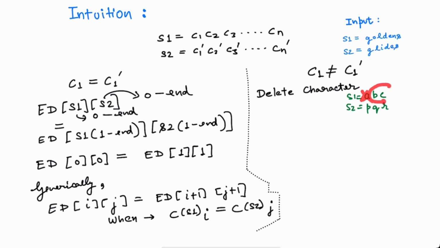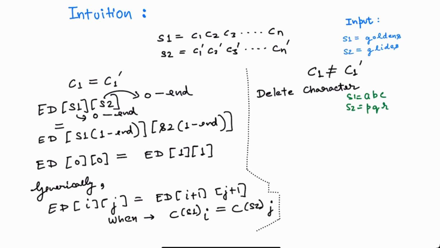The string 1 from index 1 till the end and the string 2 from index 0 till the end. So overall, our answer would be 1 for the operation deletion where we deleted the character A, plus the answer to the remaining part, which is the string 1 from index 1 till the end and the string 2 from index 0 till the end.